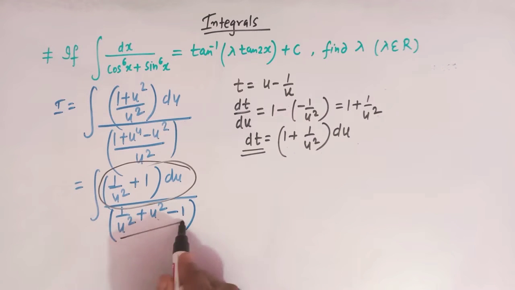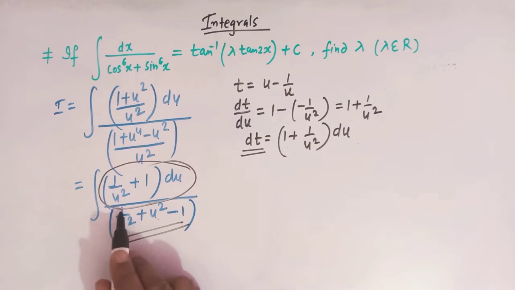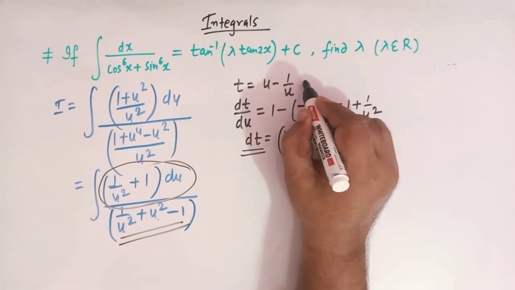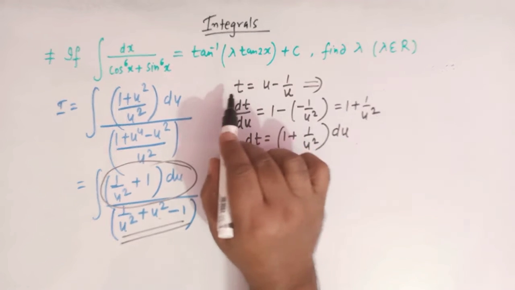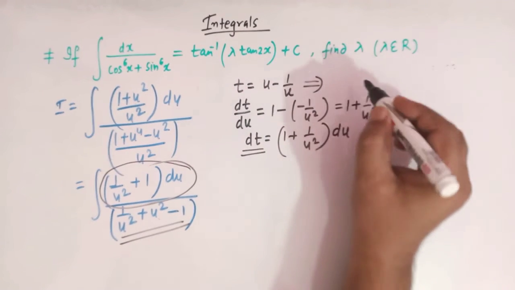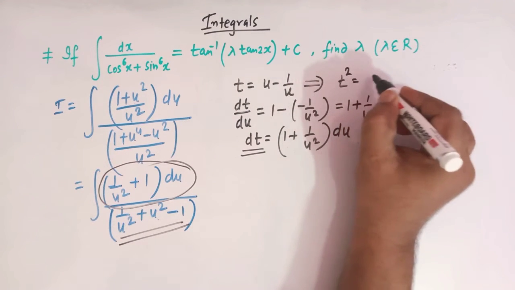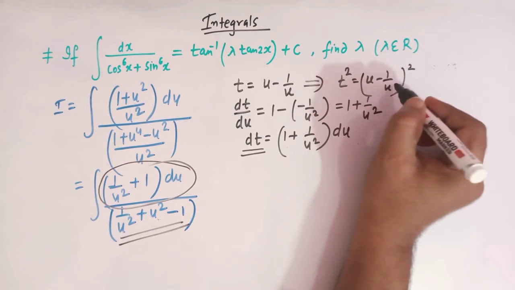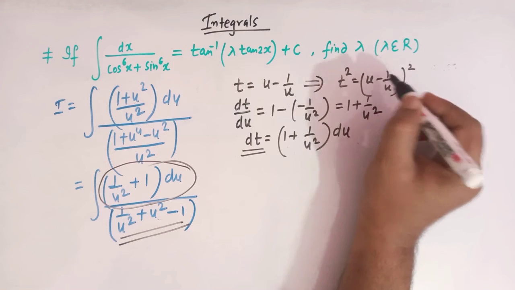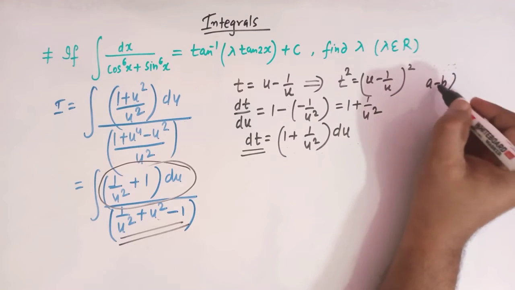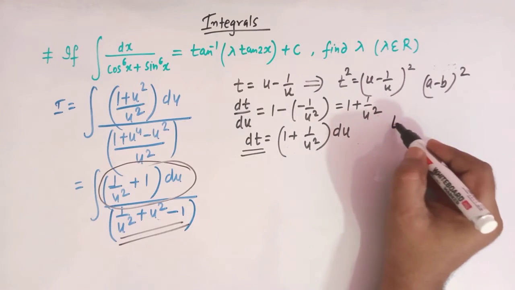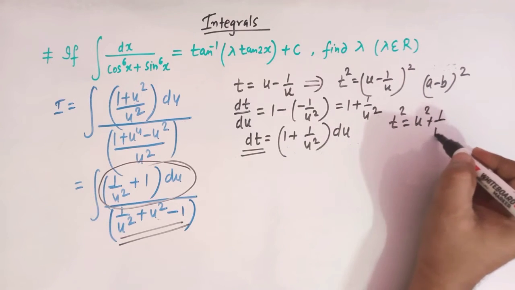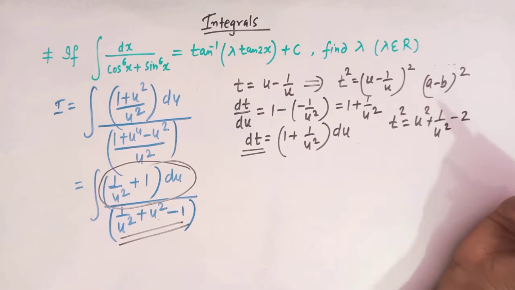Okay, now let us come to the denominator. Here we have 1 over u square plus u square minus 1. So what we will do, we can square both sides. So we have t square, and here we have u minus 1 over u whole square, and expanding this term with the help of a minus b whole square, we have t square is equal to u square plus 1 over u square minus 2, right?